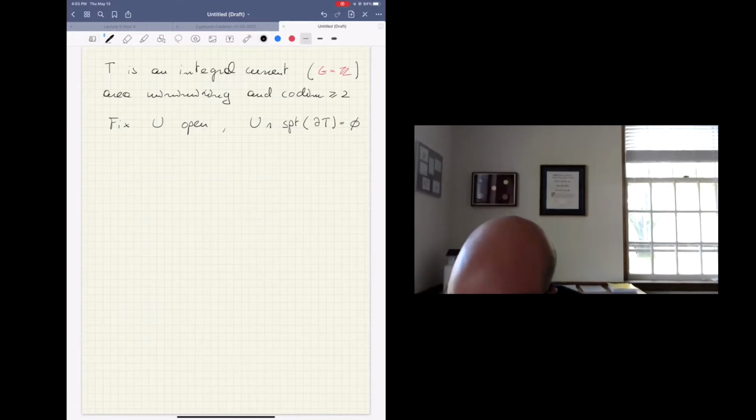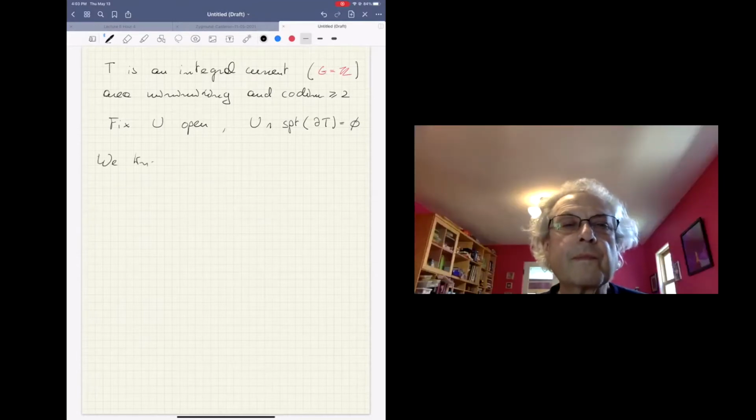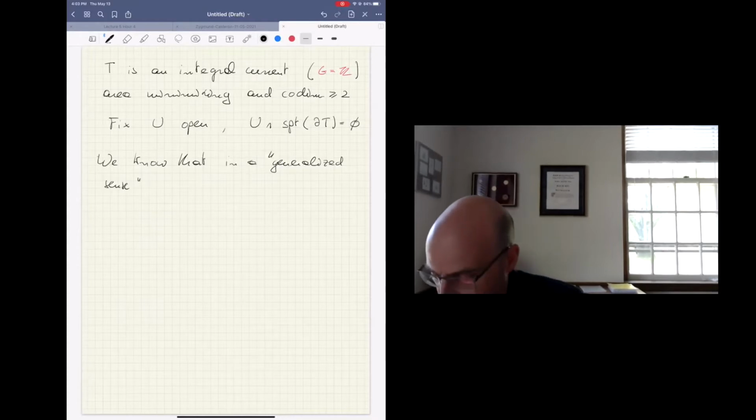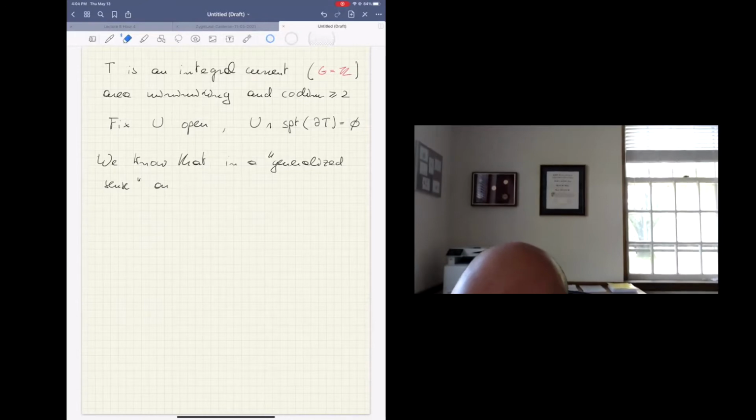Okay, so now remember what was the enemy. The enemy was the following situation. So first of all, we know that in a generalized sense, on a very large subset, there is a flat tangent.